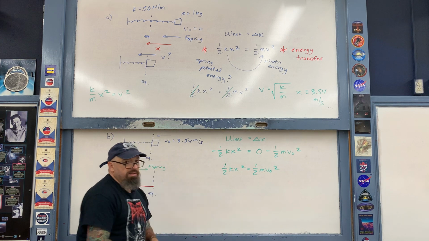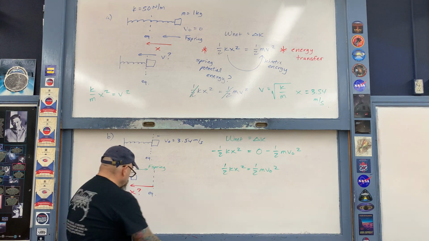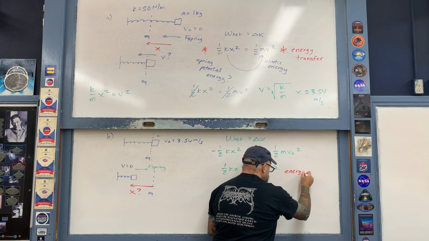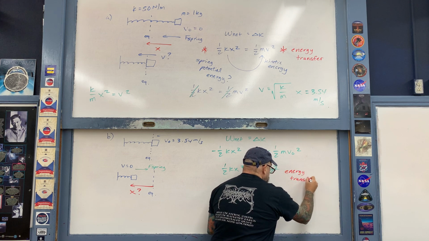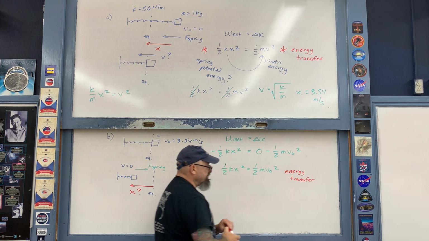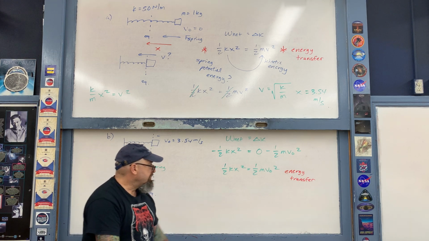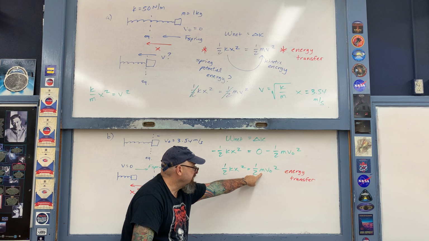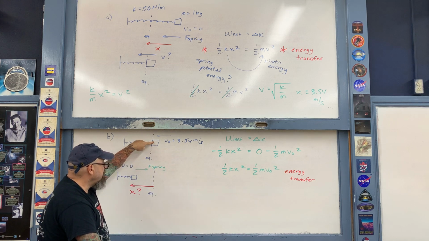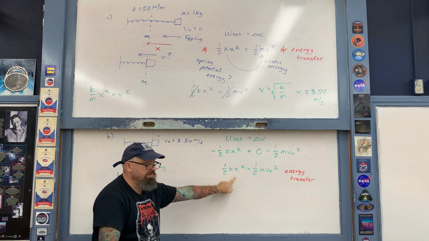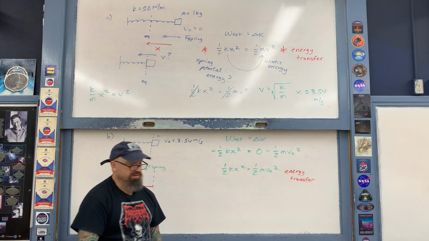like so. This is once again a statement of the energy transfer that occurs in this situation, in part B of the problem. And the energy transfer that occurs here is basically just backwards of what we saw earlier in part A. So in this particular case, all the kinetic energy that we have at the beginning of part B, as we pass through the equilibrium position, is transforming into this new term, spring potential energy, as we compress the spring.